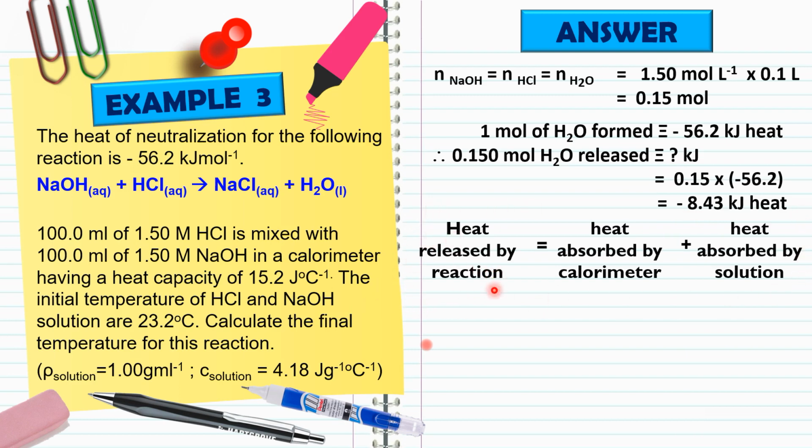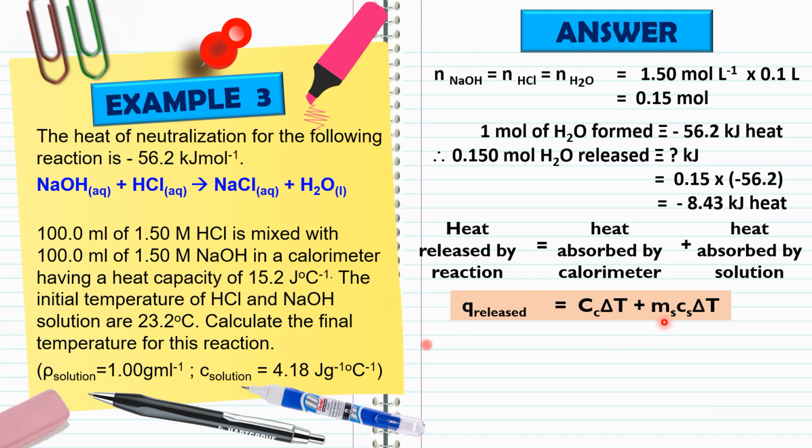So heat released by reaction is equal to heat absorbed by calorimeter plus heat absorbed by solution. Because the question gives you information about the solution or the mixture, and the heat capacity of calorimeter, the formula we use here is: Cc is the heat capacity of calorimeter, 15.2.